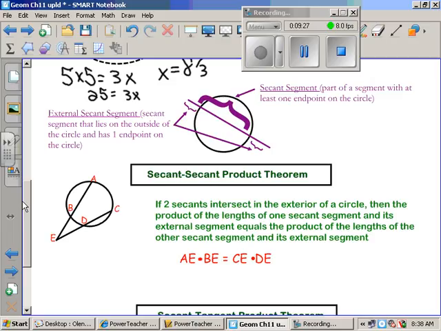So you just have to remember that. It's just something you have to memorize. So we're saying AE times BE has to be equal to CE times DE. Does that make sense?